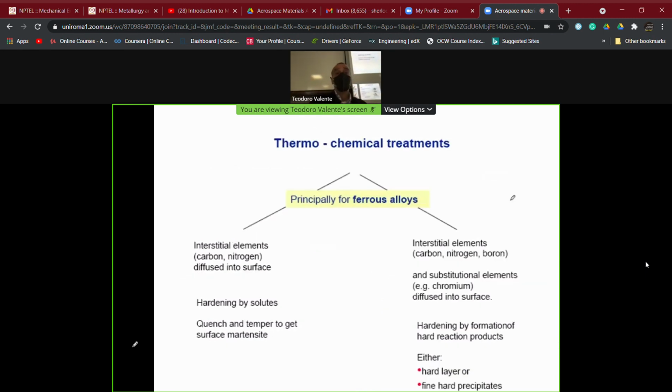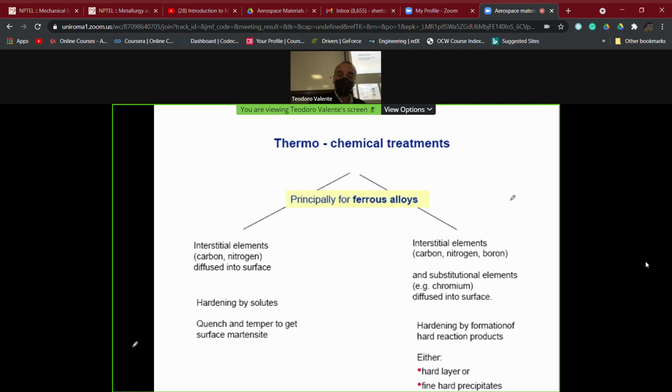And then we have the whole area of the so-called thermochemical treatments. These also have been developed and exist essentially for iron-based alloys. In this case, we can have diffusion, for example, of interstitial elements like carbon or nitrogen, or in some cases boron.